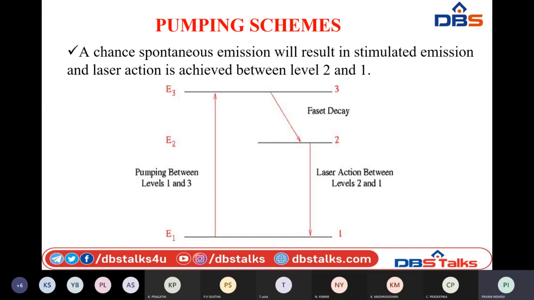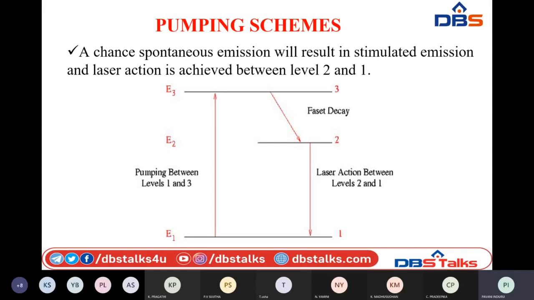Now, we can supply external energy like in optical pumping. If it is a gas laser, there is no chance of supplying optical energy. At that time, spontaneous emission will trigger the stimulated emission.